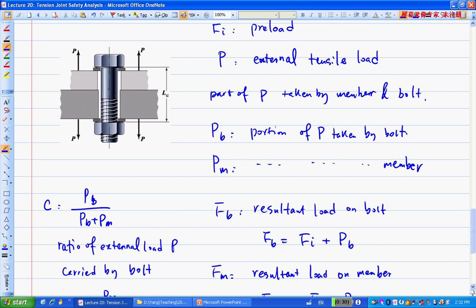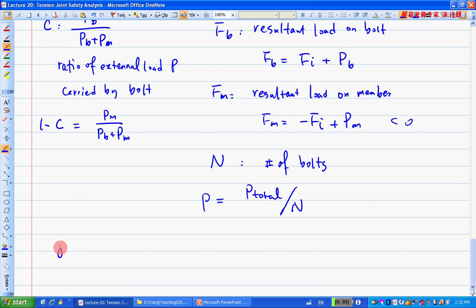Because they are all at the same place, the deflection caused by these two should be equal to each other. Basically, delta equals PB, the portion of the load on the bolt, divided by the stiffness Kb.